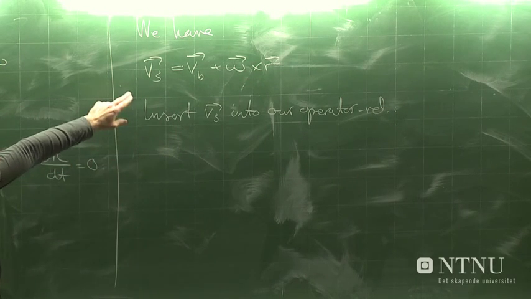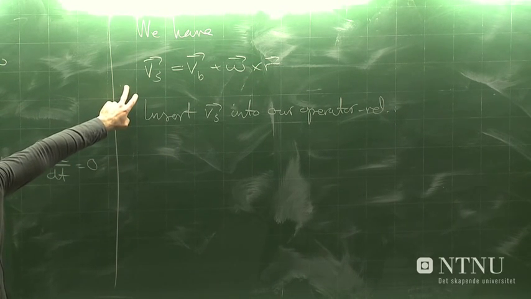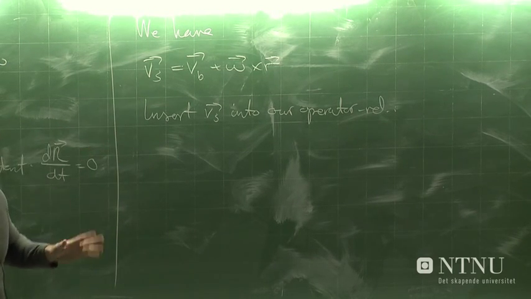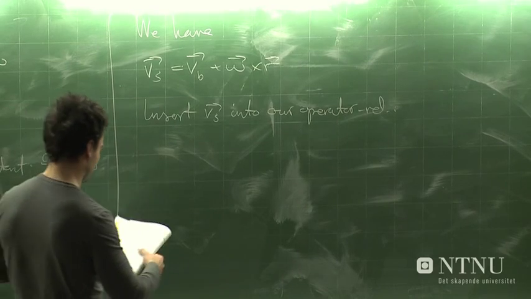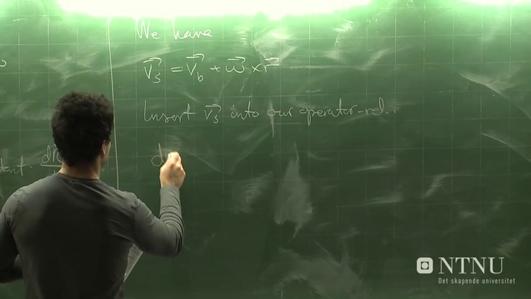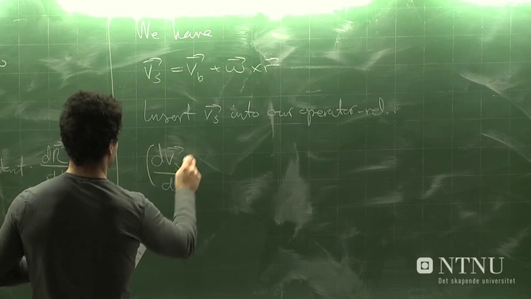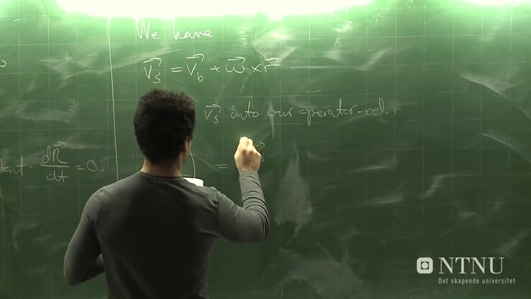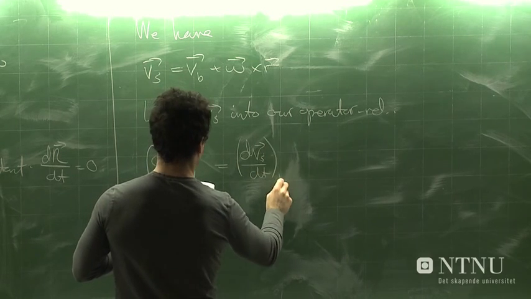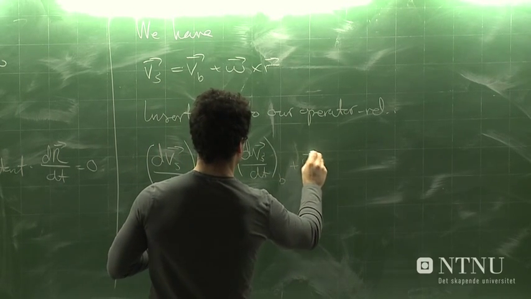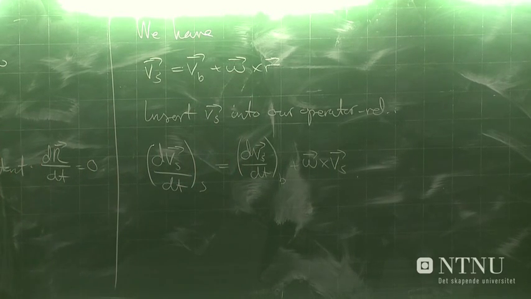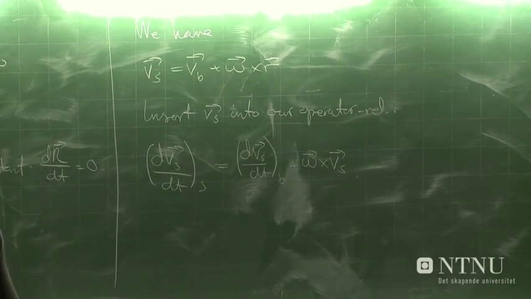Now insert this Vs into our operator relation, which should be possible because it's valid for an arbitrary vector. And I guess that's how far we get. We'll continue next time.